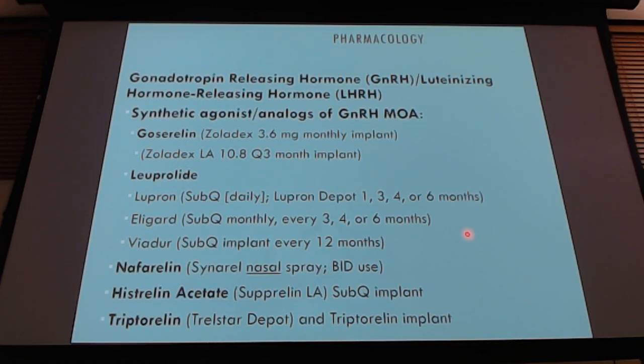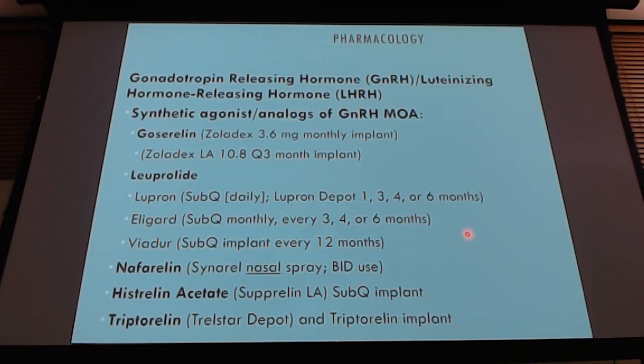You have your Leuprolide. There's several different formulations, again, of your Leuprolide. So you have different brands, and based on that brand name that is available, you see that you have several different ways in which you would be administering it, daily, monthly, what have you, implant versus a sub-Q injection, several different ways that you can give it.